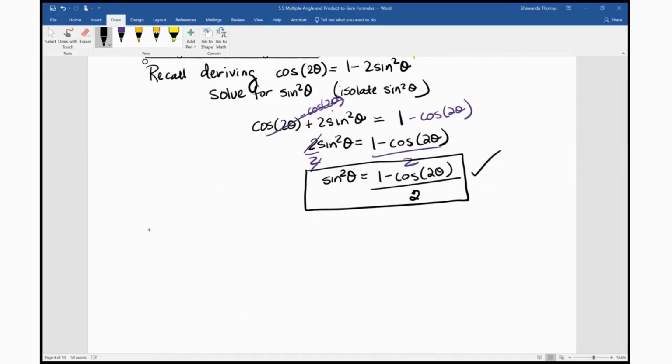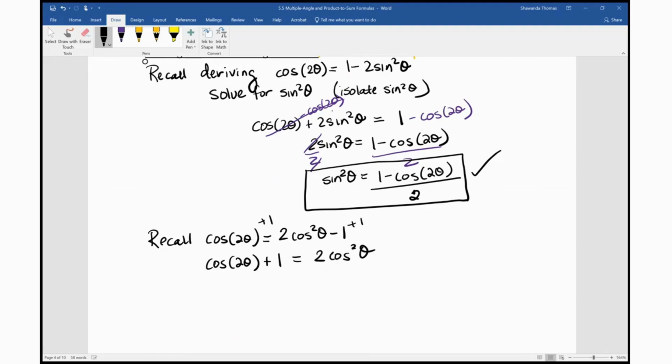All right. So likewise, if we had cosine 2 theta equals 2 cosine squared theta minus 1, we would add 1. So I'm just going to go through this really quickly since Michaela did that one. That was probably the harder one.